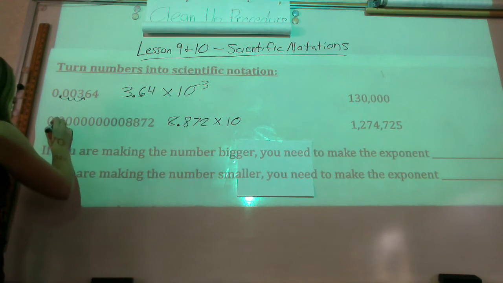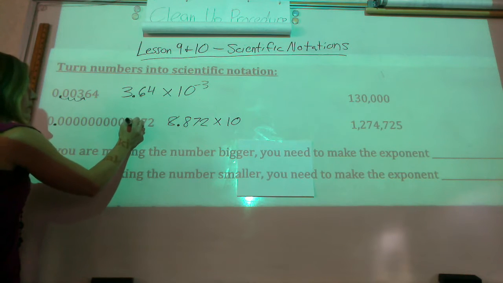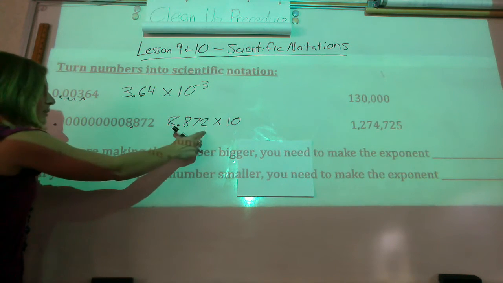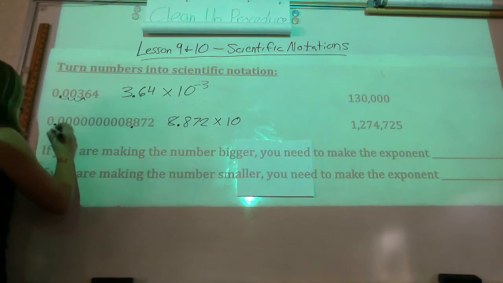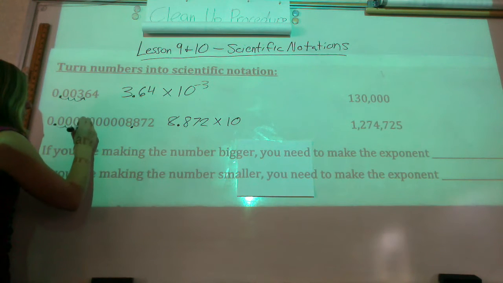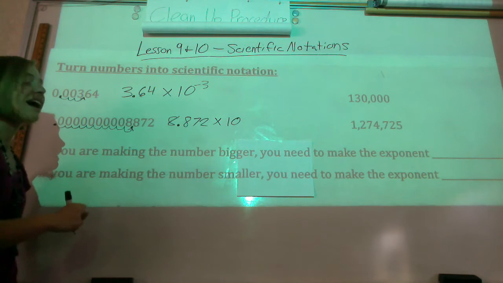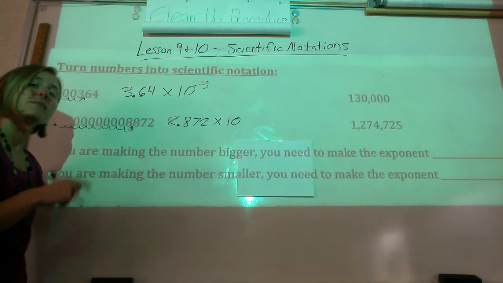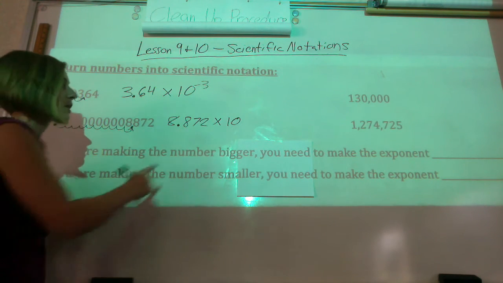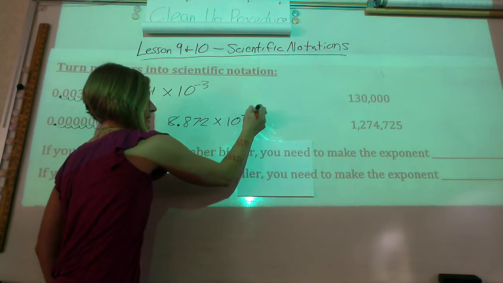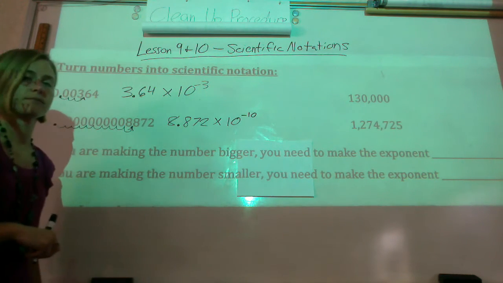I need to move this decimal to be here, so it represents exactly what's here. So let's see how many times we move it. 1, 2, 3, 4, 5, 6, 7, 8, 9, 10. I made this number bigger by 10 decimal places, so I need to make this smaller by 10. So I'm going to put in -10.